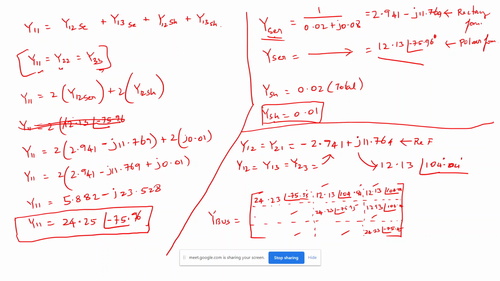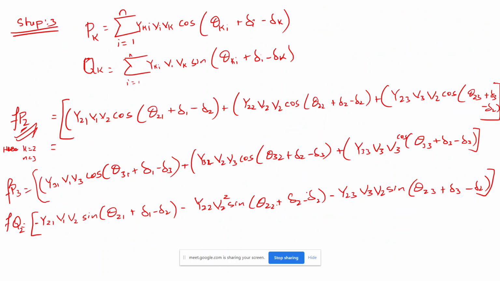What value you have said? You said in the rectangular form, right? Can you tell the same thing in the polar form? Because we are going to calculate using polar form only. In the syllabus, they have mentioned polar form only you need to calculate. So what is the value of y21?